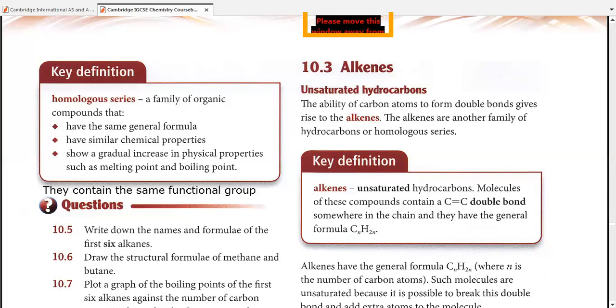The correct chemical word for that would be homologous series. यानी वो सारे compounds जो एक तरह के हैं, जैसे आप एक certain family से belong करते हैं, वो सारे लोग जो एक ही blood से हैं और आपस में relatives हैं, वो एक family कहलाते हैं. इस तरह हमारे पास जो organic compounds होते हैं, जिनका जनरल फॉर्मूला भी एक हो, जिनकी प्रॉपर्टीज भी सिमिलर हो, जिनके फिजिकल प्रॉपर्टीज में ग्रेजुअल चेंज आता हो और जिनका फंक्शनल ग्रुप भी सेम हो, will define the functional group word later, तो उन्हें हम सेम पैटर्न पे स्टडी करते हैं.